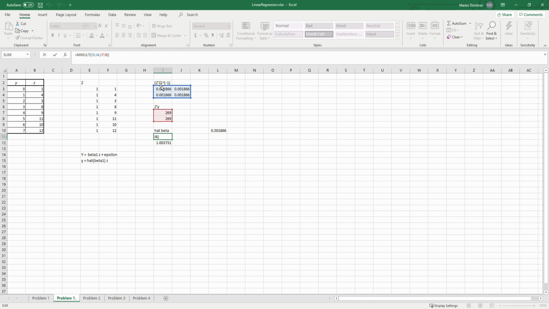So what is our Z transposed? Z to the power of -1. We have only one value, right? So it should be that one. Yes, but this computes something else. What we need is actually only this one times this one, right? Okay, so we have only our hat beta 1.